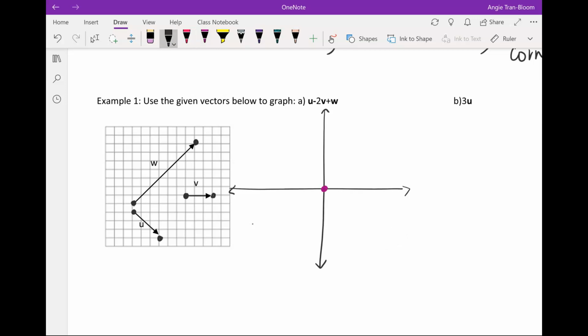Okay? Vector u has what direction and what length? How do we graph vector u? Go where? Down how much? 3. And then to the right how much? 3. So 1, 2, 3, 1, 2, 3, make a dot. So this is vector u.